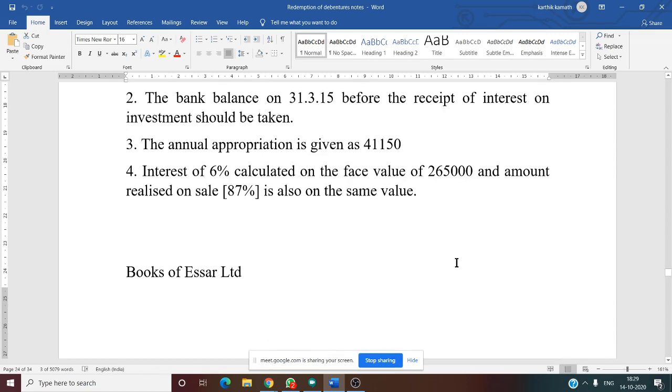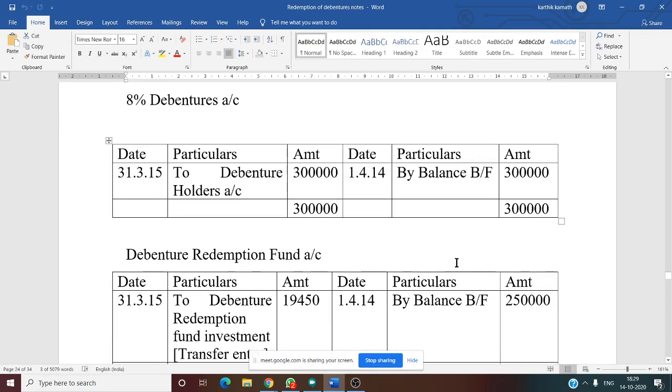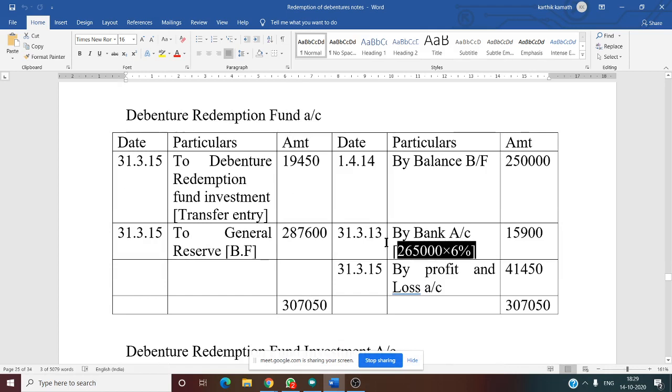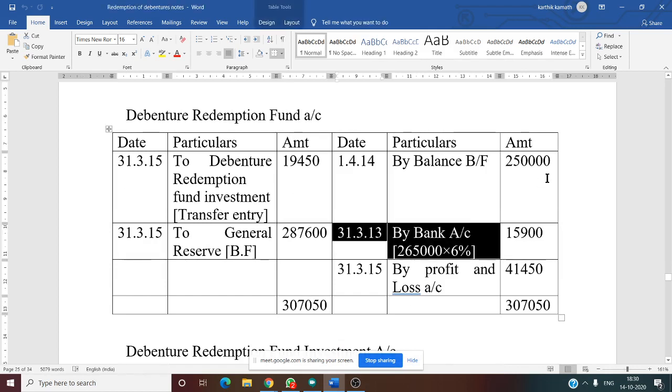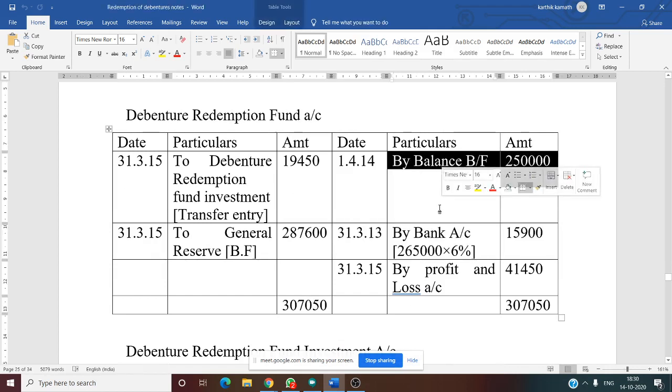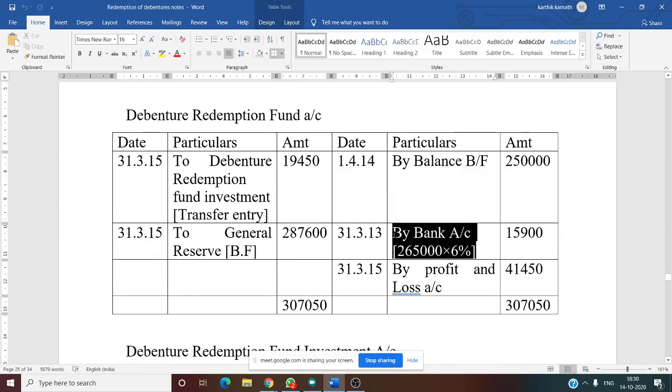What is the bond value or face value here? 2,65,000. That is why we have calculated interest on face value and not on the opening balance in this sum. So 2,65,000 face value into 6%, you will get 15,900. That is by bank account. Simplified entry, bank account debit to debenture redemption fund account.